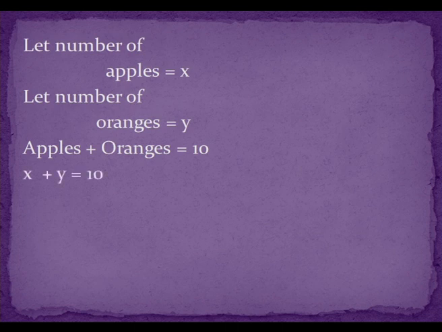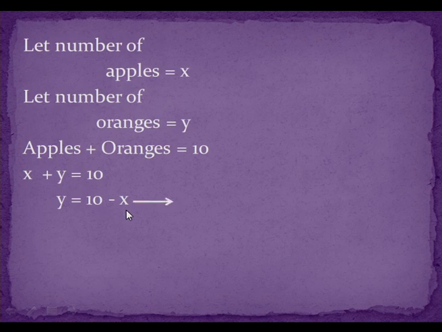So, we represent this in the form of an equation as x plus y is equal to 10. I am trying to transpose this x from LHS to RHS. So, plus x when it is transposed to the other side becomes minus x. So, I get y is equal to 10 minus x as an equation.